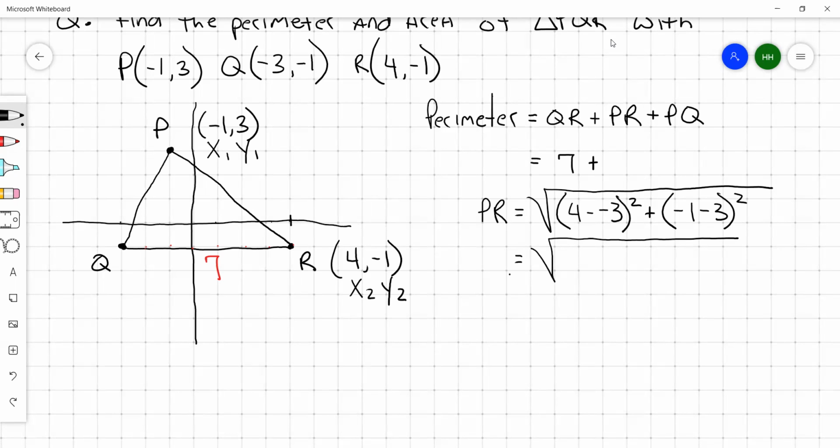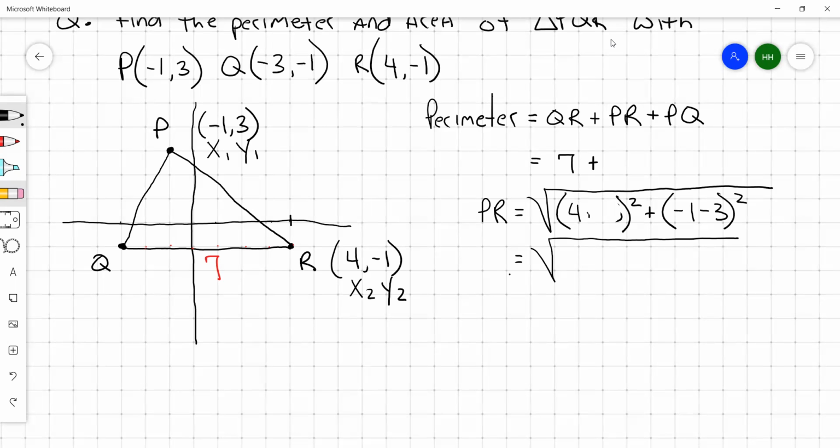Four minus negative 3, that's keep change change. I think that comes from like 6th grade. So that's 7 squared, that's 49. I did something wrong here again. Right in here, I messed this up, so get your eraser out.